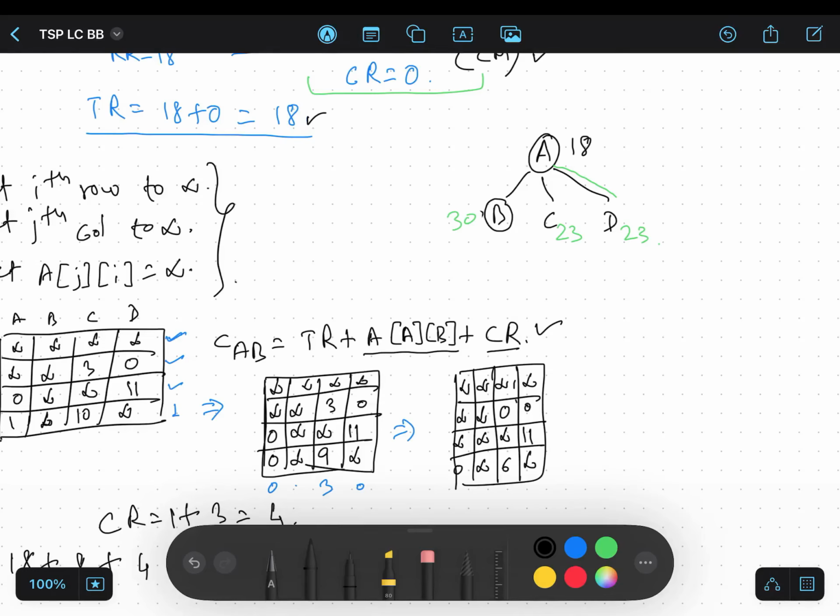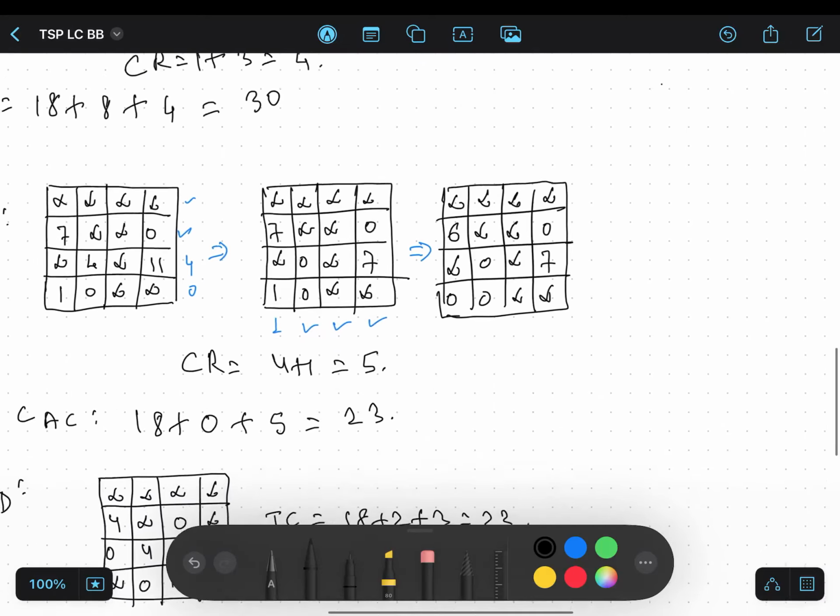This means from D we can either go to B or we can go to C. This means we need to find cost of DB and cost of DC. Now things are going to change because we followed AD. So our D matrix is going to be our current matrix and our total cost is going to be 23.